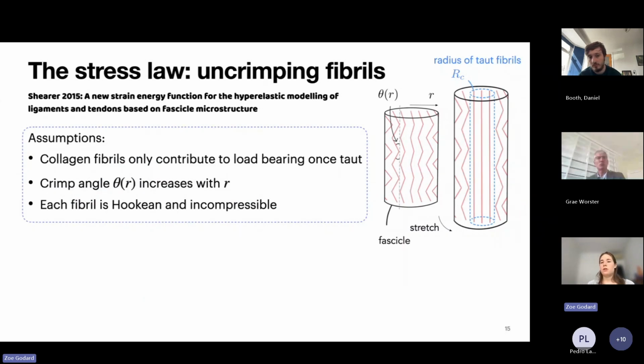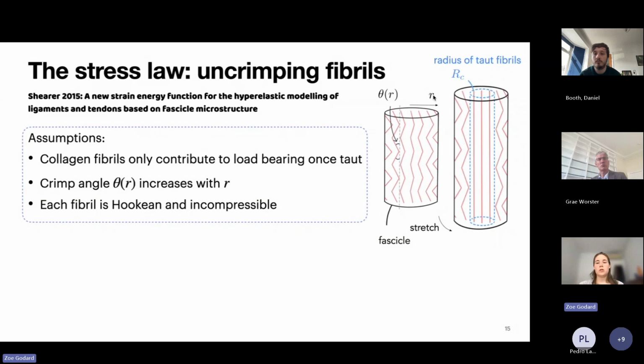That the crimp angle theta of r here increases with r, so the most crimped fibrils are at the outer radius and the least crimped are in the middle, which means that when you pull on the tendon, you're getting first the ones in the middle straightening out, and so you get this radius of taut fibrils that increases as you stretch the tendon. And then he assumes that each fibril is individually Hookean and incompressible.